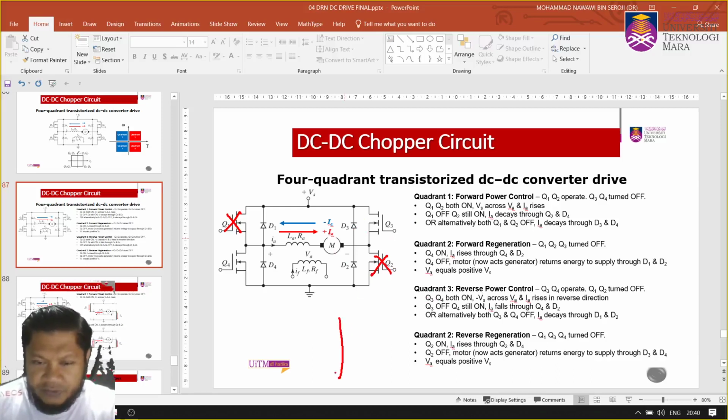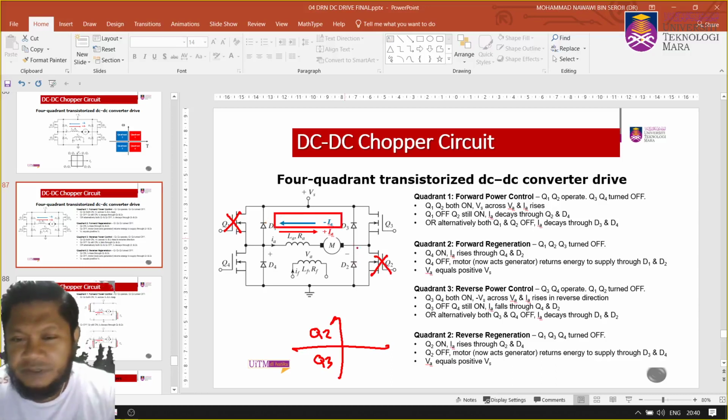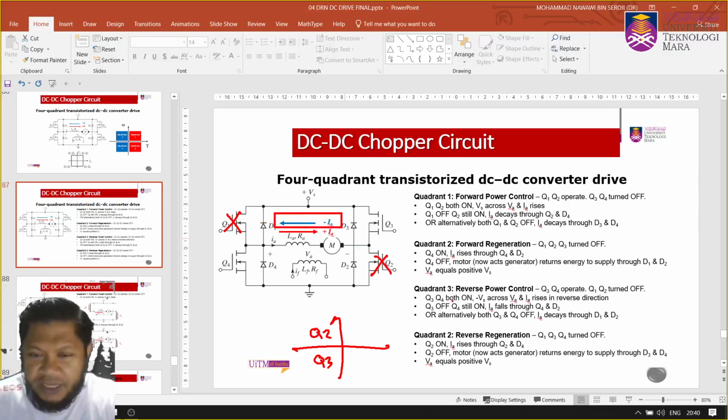The current is negative, isn't it? So you still have current negative, so you are actually following that current. First Q3 and Q4 are both on. So you turn on Q3, you turn on Q4.